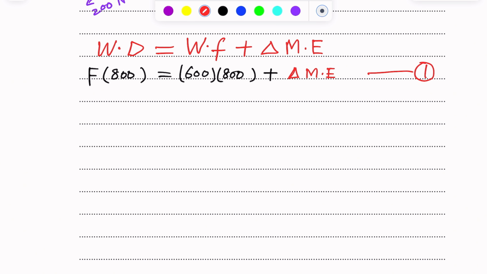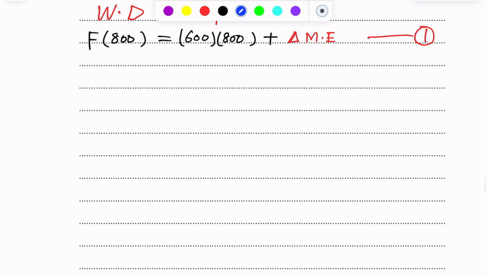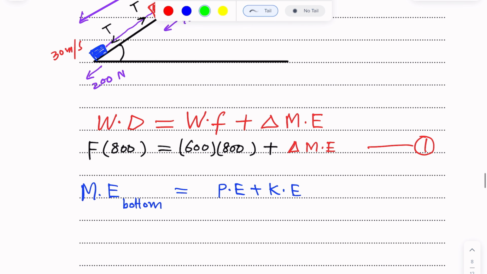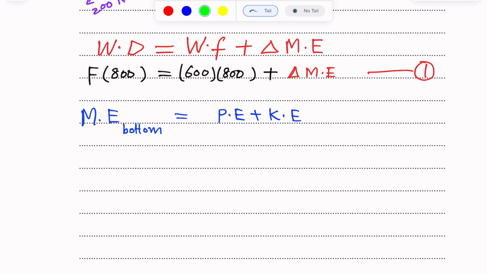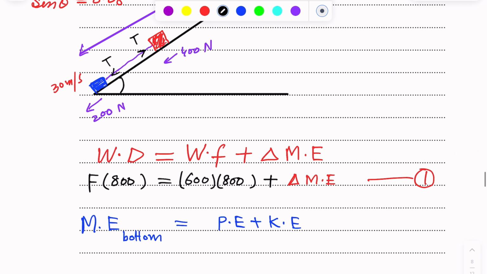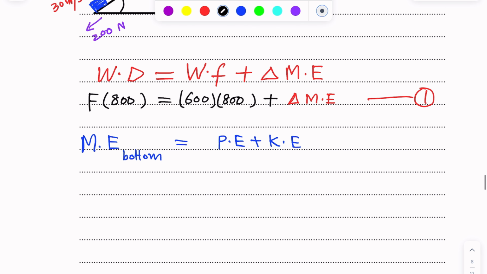First we find mechanical energy at the bottom, that is potential energy plus kinetic energy. Because at the bottom there is no height, potential energy will be 0.